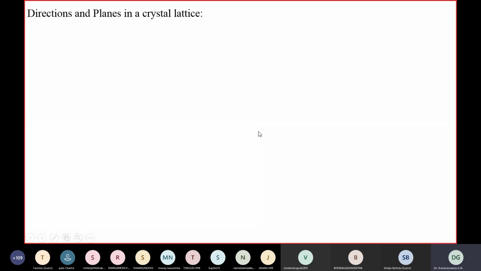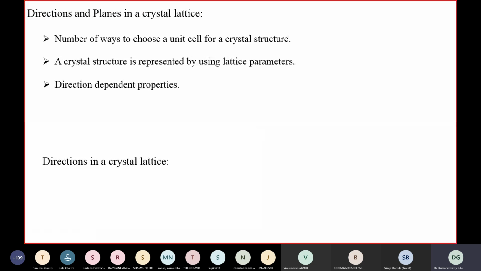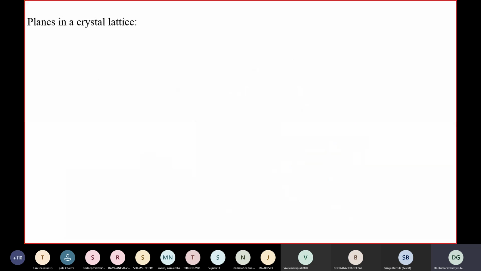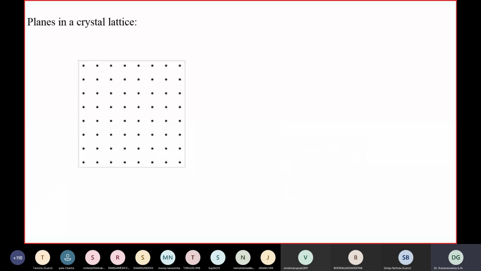In the last class, we discussed the directions and planes. We discussed how the directions are decided and how they are represented, and we also started discussing the planes. Here we have this two-dimensional lattice, which we can represent by translating A and B vectors as well as by using these lines.